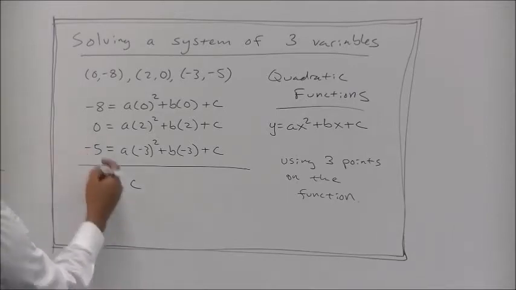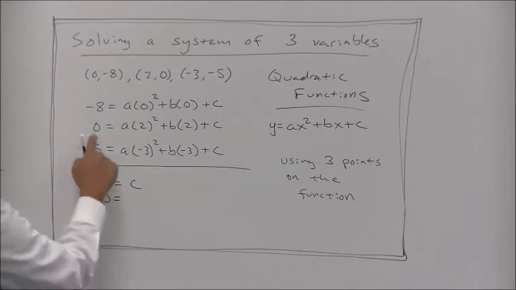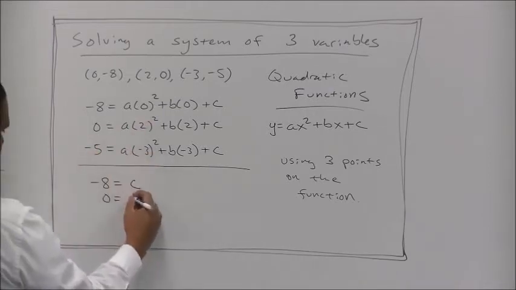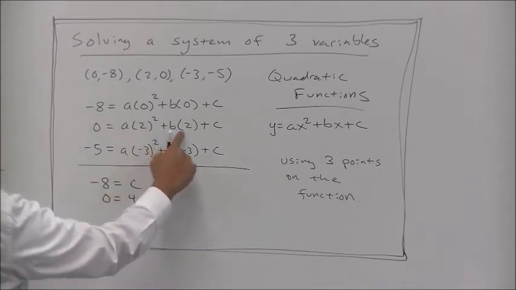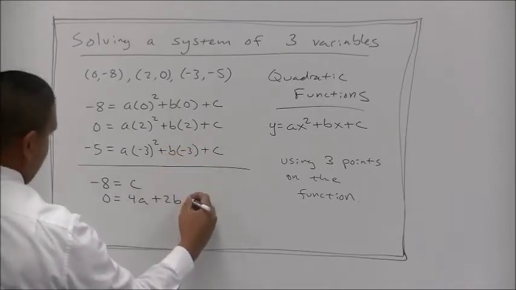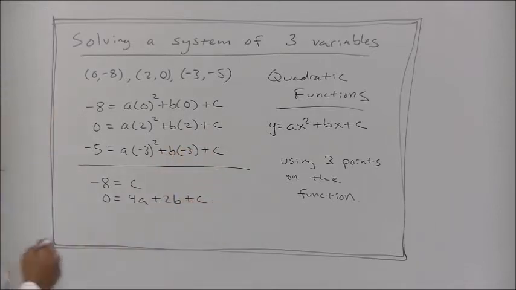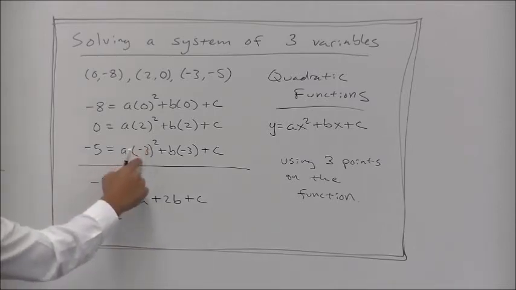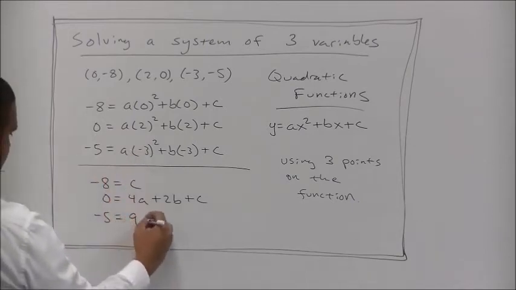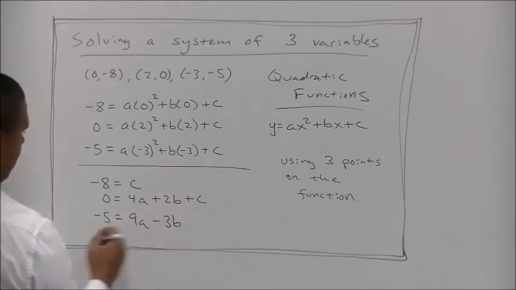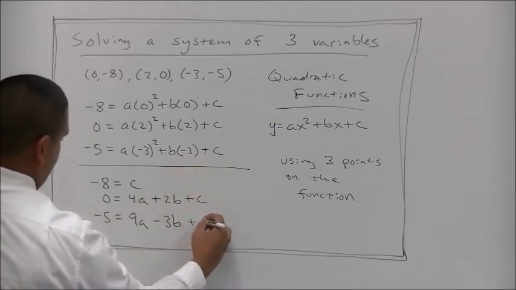Let's simplify the second one. 0 equals 4a plus 2b plus c. And the third one: negative 3 squared is 9, so 9a minus 3b plus c.